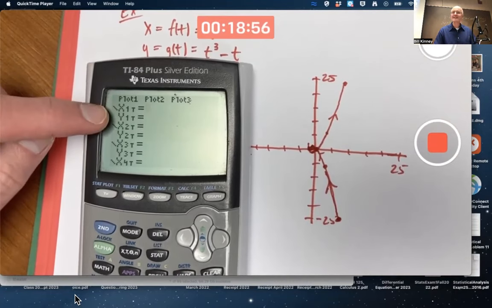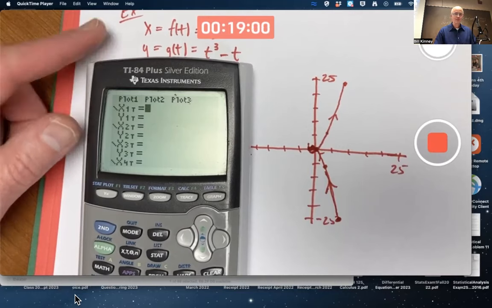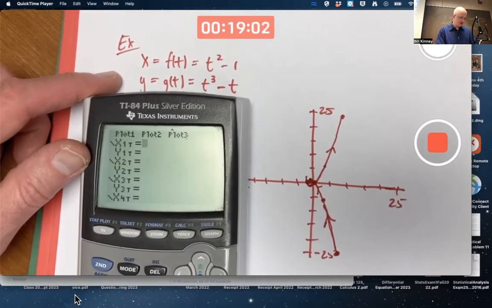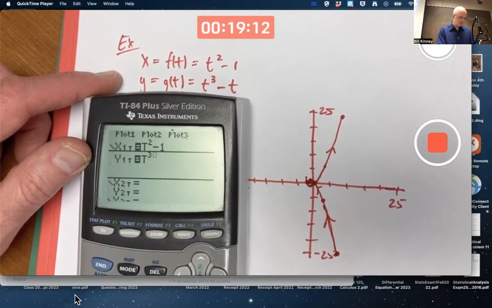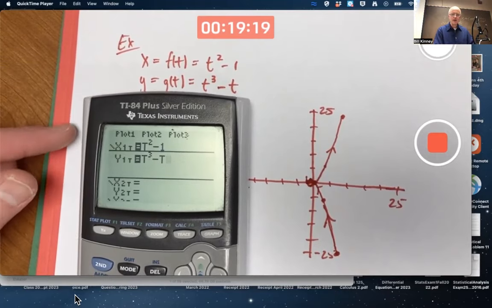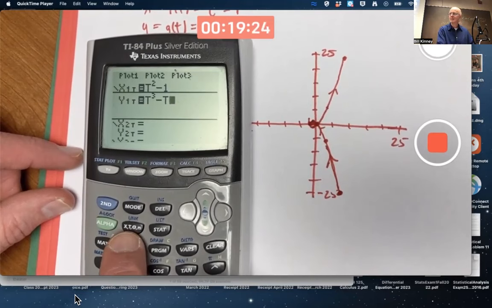X and y depend on t, not y depending on x. Plug in these functions: t squared minus 1 and t cubed minus t. How'd I get the t to show up? I pressed the usual variable button, but instead of an x, it came up as a t.